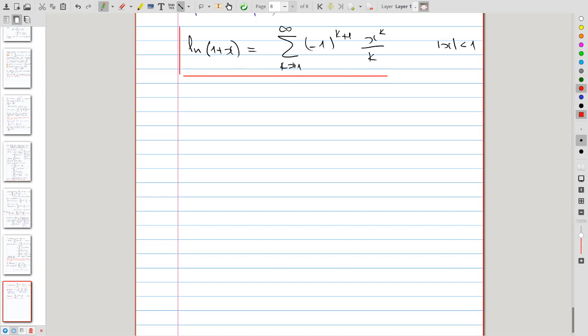Note that the indexing starts at k equals 1 here, not at k equals 0.